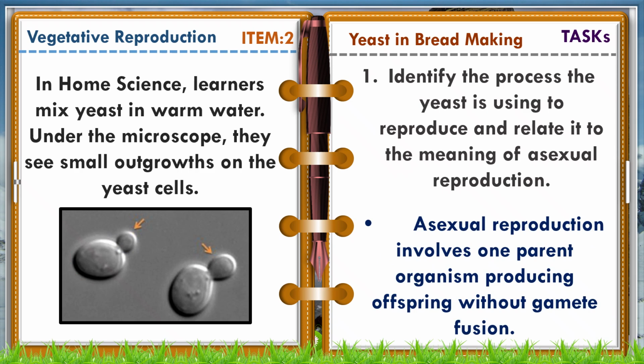Asexual reproduction involves one parent organism producing offsprings without gamete fusion.